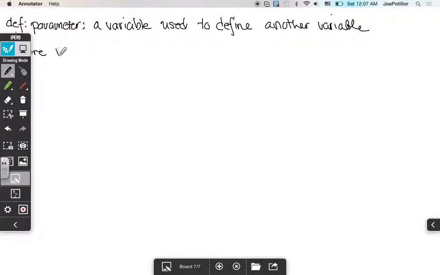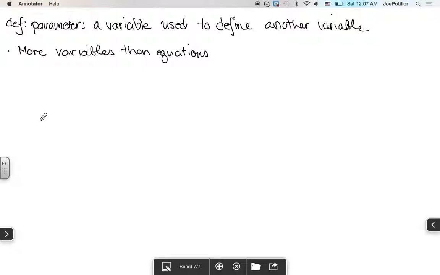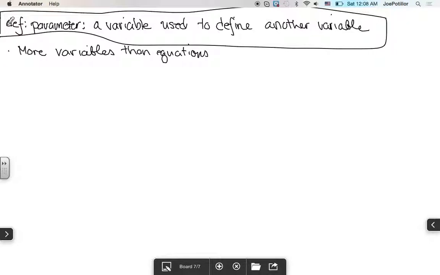When I have more variables than equations, why is that important to understand? It's simple, really. The idea is you have too much of something.